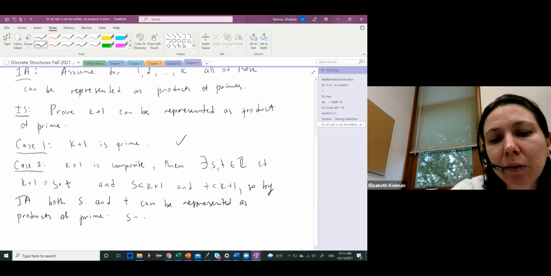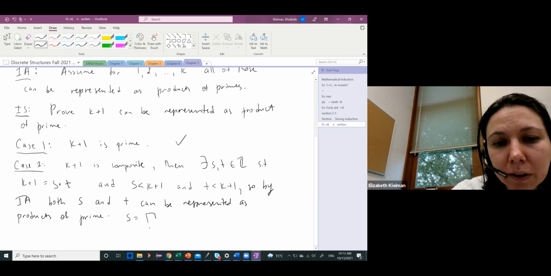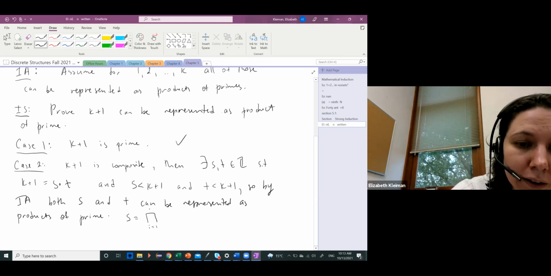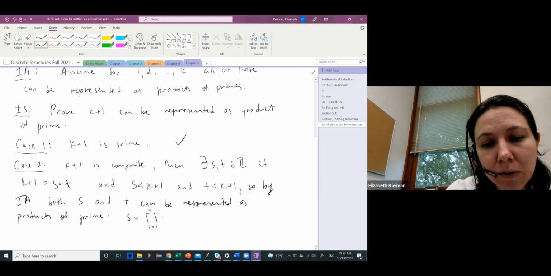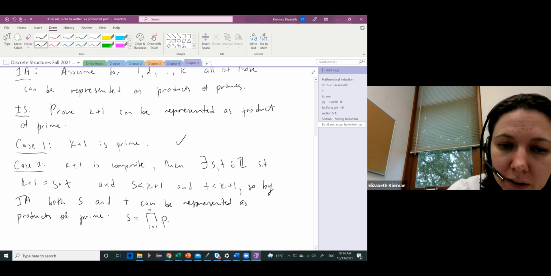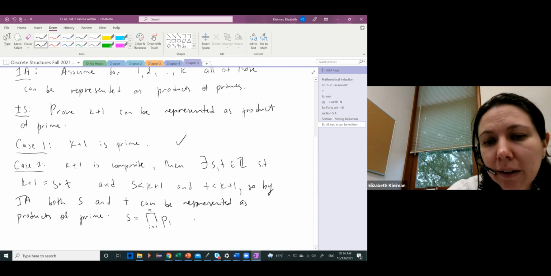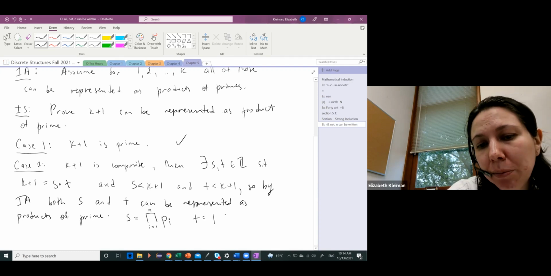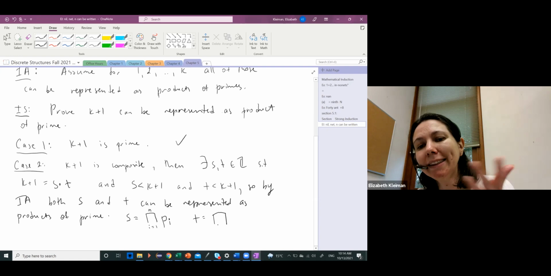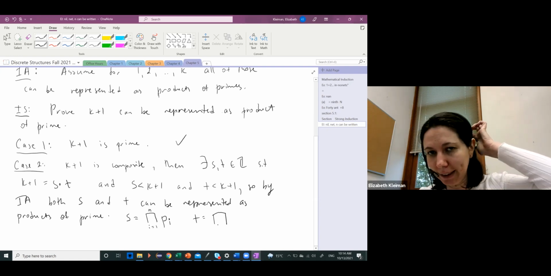Assume s is equal to the product for i equal 1 to n of p_i, and t is going to be the product.